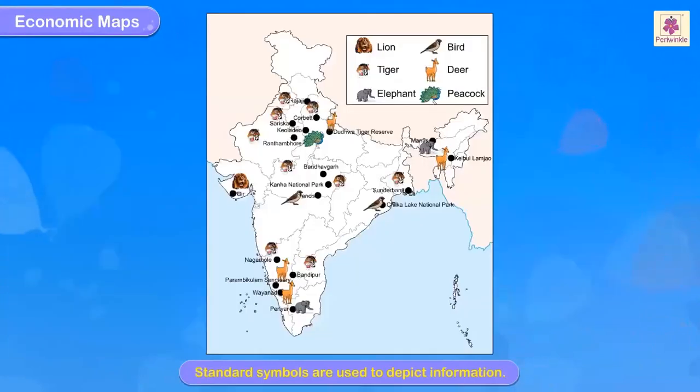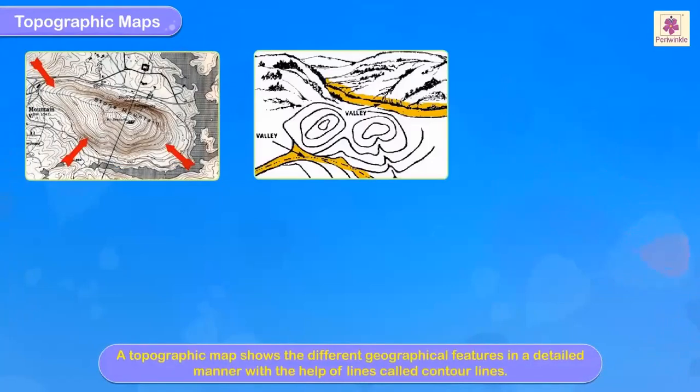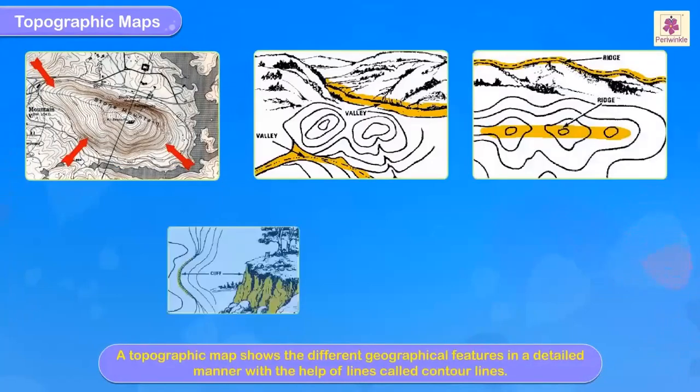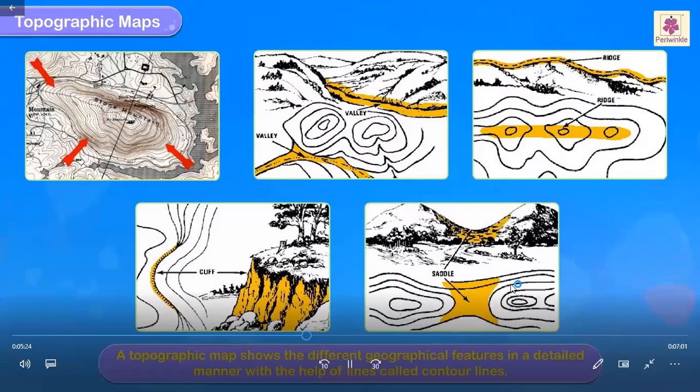For example, the picture of a lion is used to indicate the presence of lions in different pockets of the area. Topographic maps. A topographic map shows the different geographical features in a detailed manner with the help of lines called contour lines.